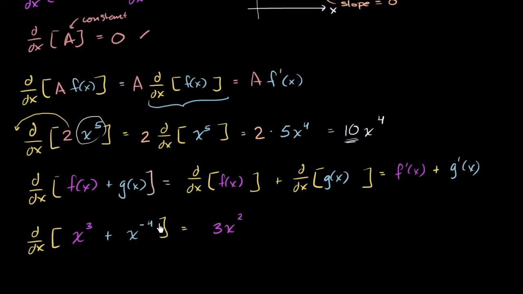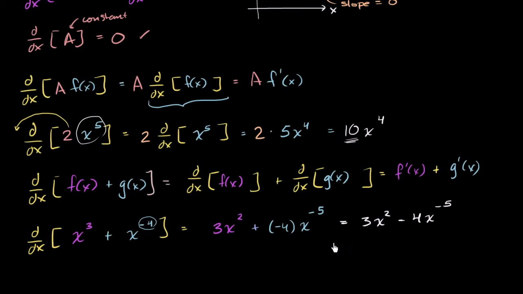And to that, we can add the derivative of this thing right over here. So it's going to be plus negative 4 times x to the negative 4 minus 1, or x to the negative 5 power. So I could simplify a little bit, this is going to be equal to 3x squared minus 4x to the negative 5.